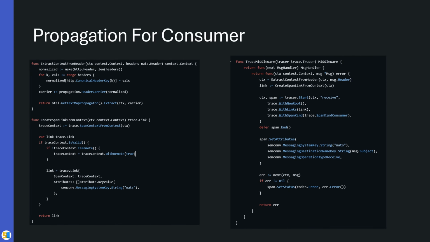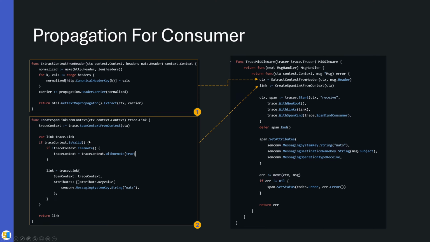And on the other side, for the consumer, I need to extract the context from the header, right? Basically, this is the code. I need to get the normalized header from the header carrier and extract the context propagation.